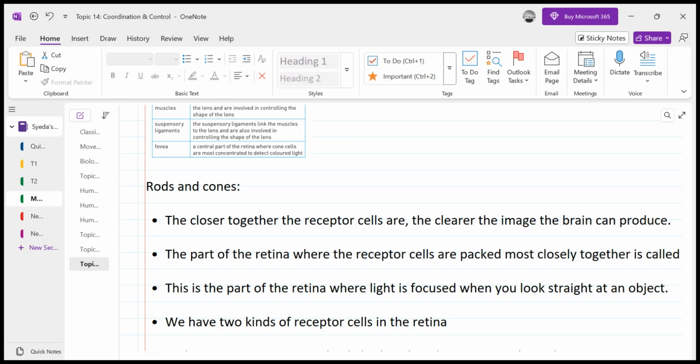Now there are three types of cones: blue, red, and green, right? Blue cones sense the blue light, which is present in the white spectrum, and together, blue, red, and green cones are able to give us a colored image, right?